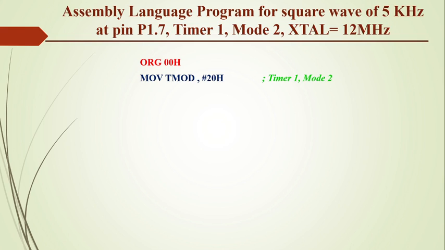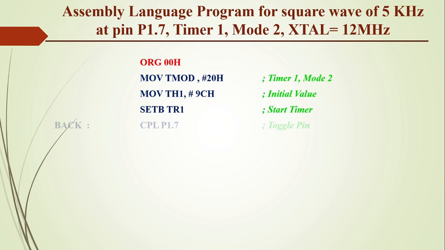By using this instruction we are selecting the timer 1 in mode 2. Then we are loading the initial count into the TH1 register using the instruction MOV TH1, #9CH. Now we are starting the timer using the instruction SETB TR1. That means we are making the TR1 bit equal to 1.